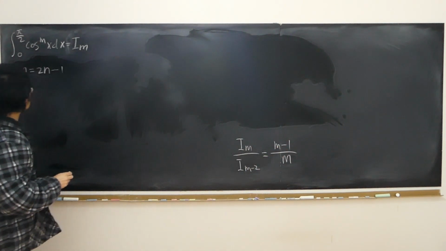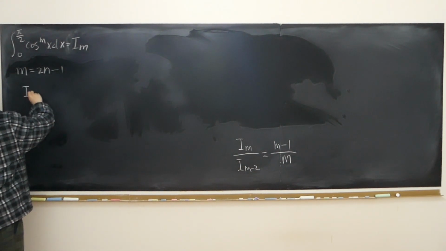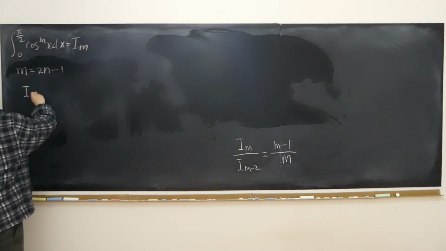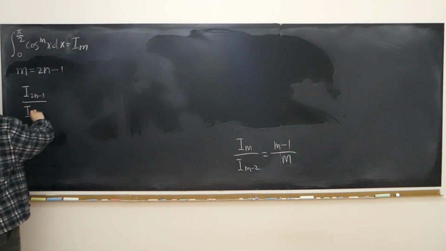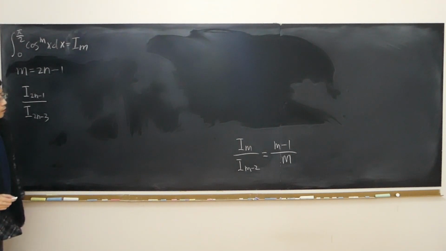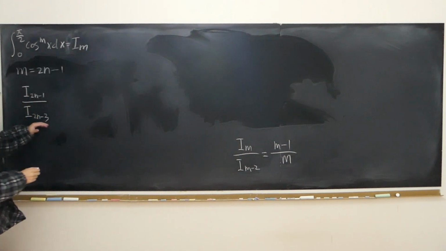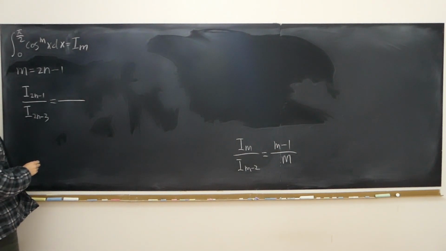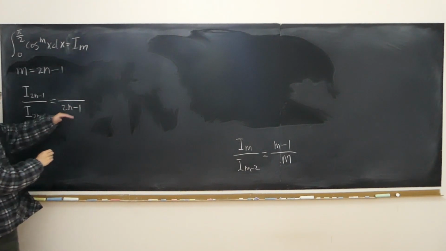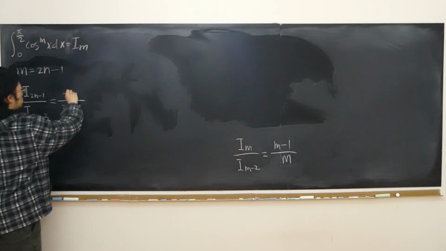So here we have I of 2n minus 1 over I of 2n minus 3. Here the subscript of this is 2 units smaller than that, so reduced by 2. So it equals, like I said, the subscript of the top is equal to the number at the bottom, and the numerator reduces by 1, so 2n minus 2.